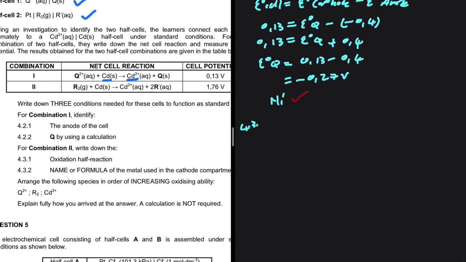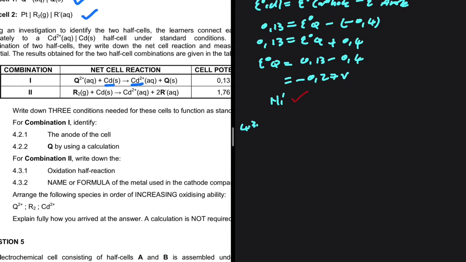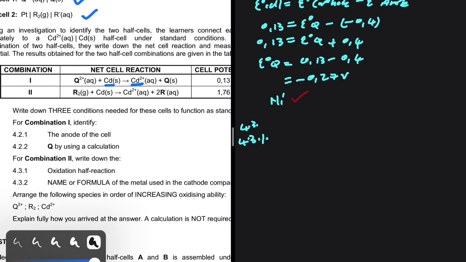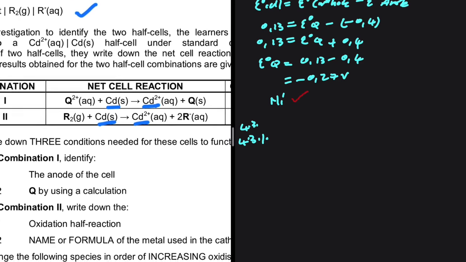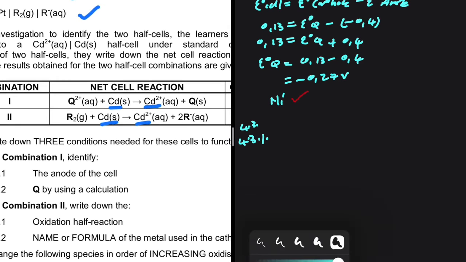4.3. So in 4.3, we're interested in our second combination. And 4.3.1, the oxidation half reaction. Well, what happened in reaction 1 is still happening in reaction 2. Cadmium is losing electrons. So that is our oxidation half reaction. We're going to have cadmium giving us cadmium 2 plus and 2 electrons.